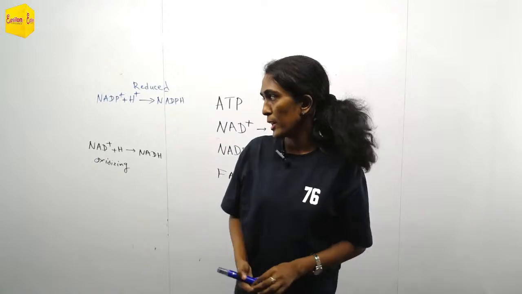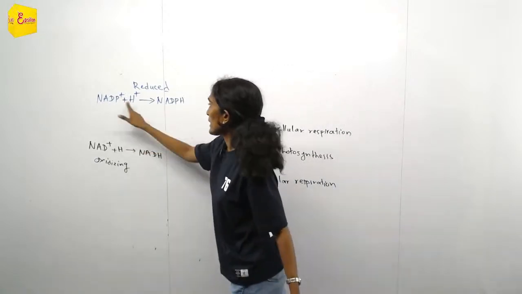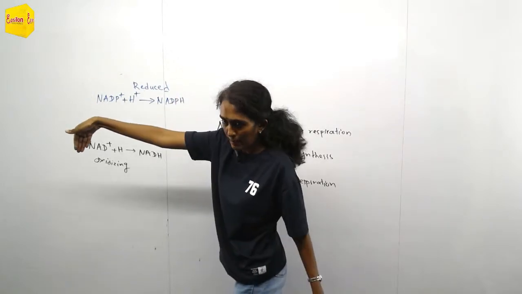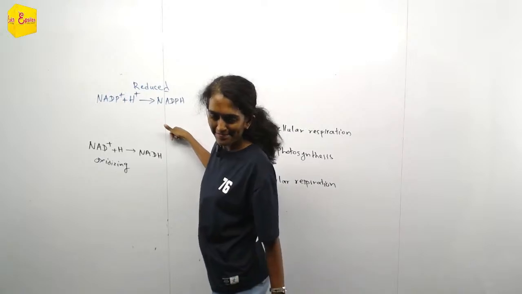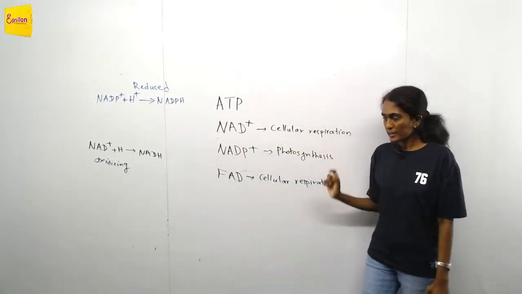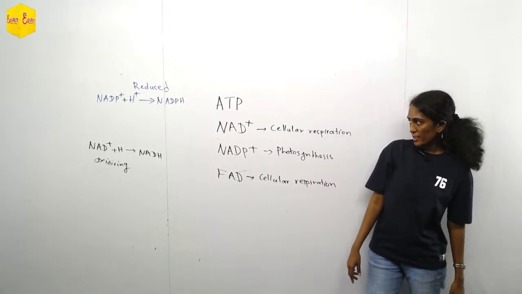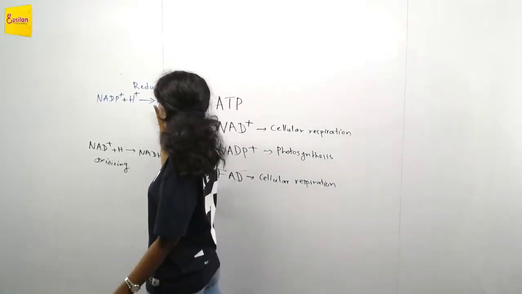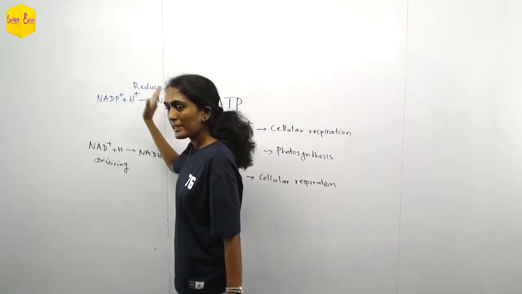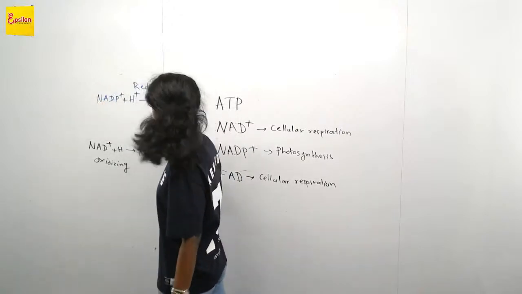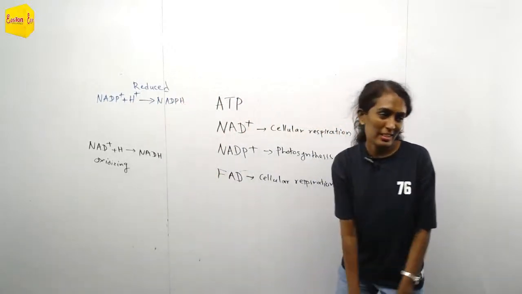If something is reduced, simultaneously something is oxidized. So this is reducing itself while giving power to oxidize some other substance. Understood? So these all can act as oxidizing agents. If you take it the other way around, NADPH can turn into NADP plus. It is oxidation. NADPH has the ability to act as a reducing agent.